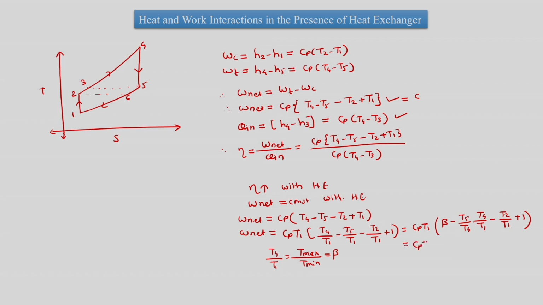So this can be again written as beta, T5 by T4 over here is 1 upon beta, and then T5 by T4 is 1 upon Rp raised to gamma minus 1 upon gamma, and T4 by T1 is beta, and then this is Rp raised to gamma minus 1 upon gamma, and then we have plus 1.